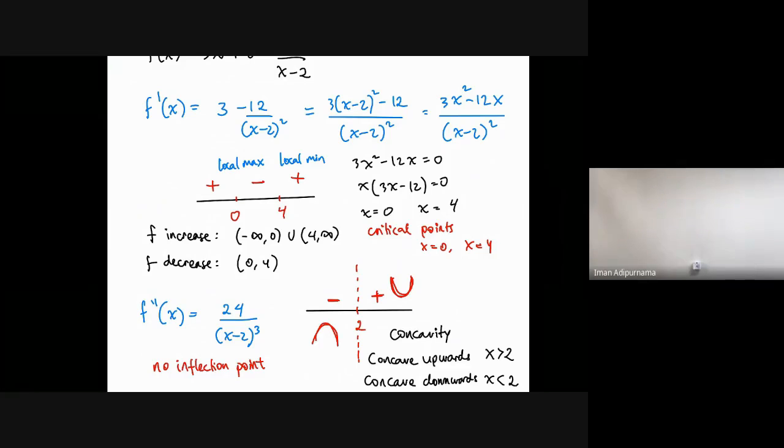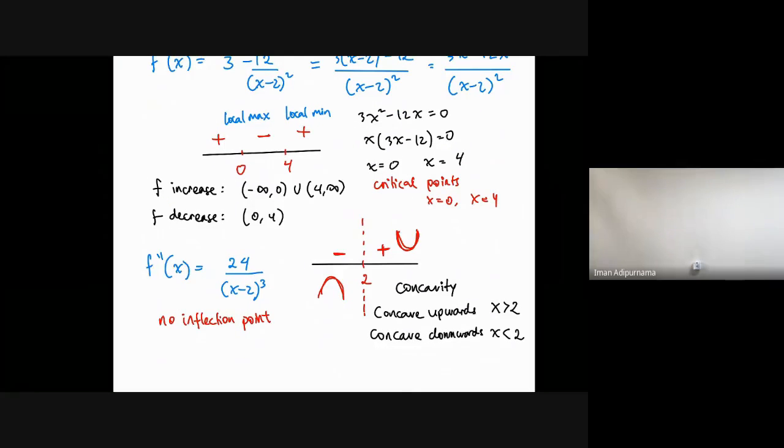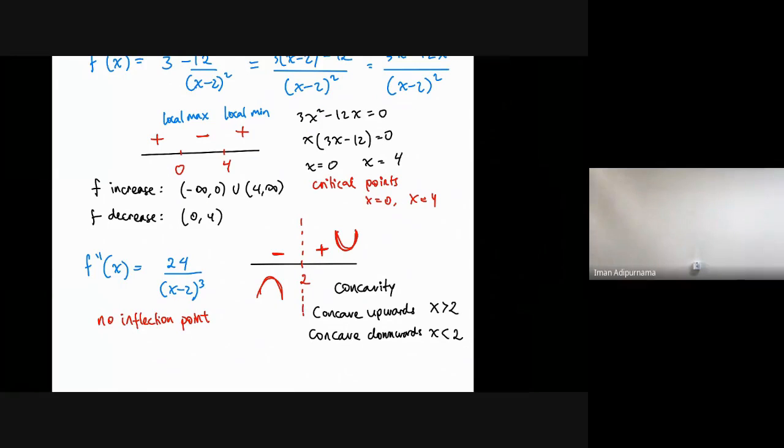And you can simplify, and then you get the f double prime. And notice that there is no inflection point, but you still can use this vertical asymptote to check the concavity.